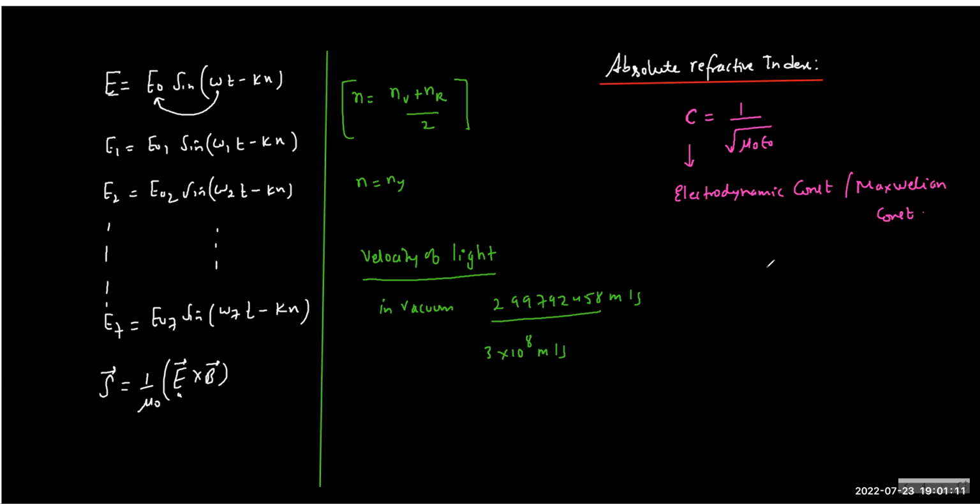And when he calculated the number, he was surprised to know that this number matched the number which was already derived from the experiment by Fizeau and Foucault. Foucault is called Foucault. These are like Italians or French guys, and their names are like this.